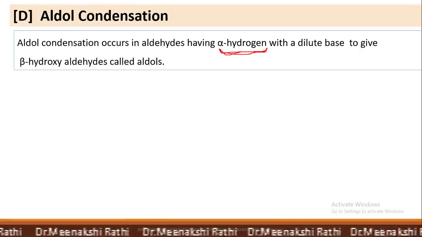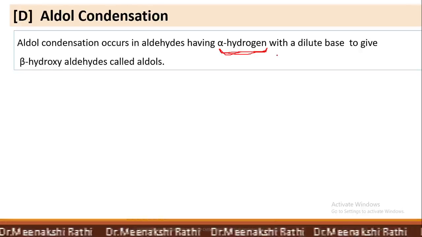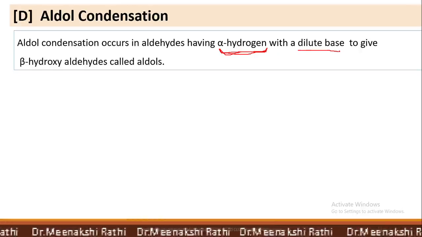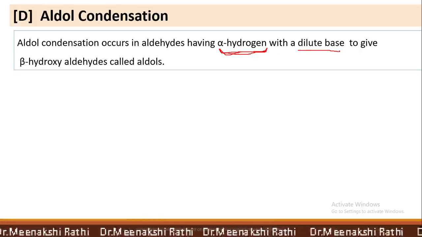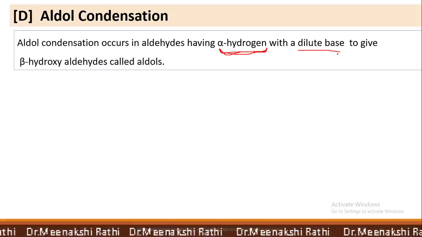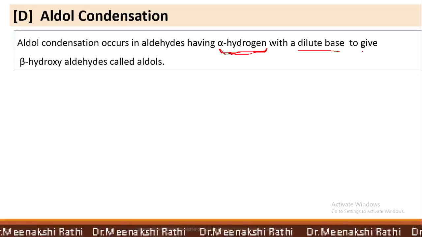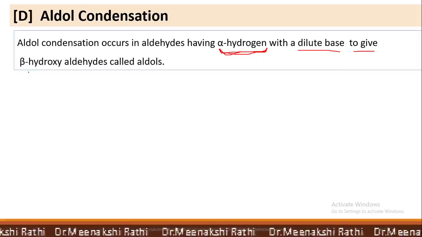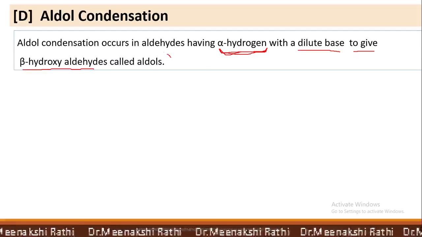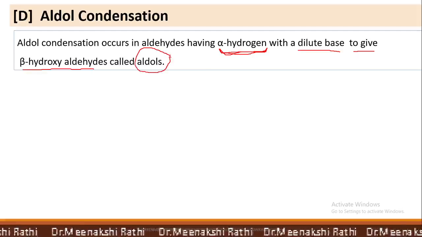So when aldehydes having alpha hydrogen are reacted with a dilute base like 10% NaOH, they undergo self condensation to give beta hydroxyaldehydes, and these beta hydroxyaldehydes are called aldol.